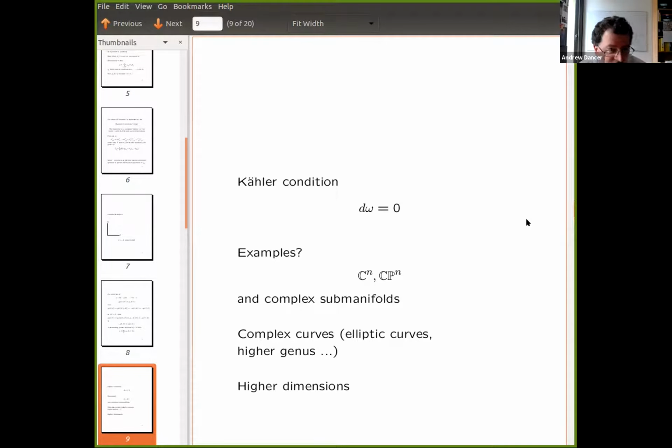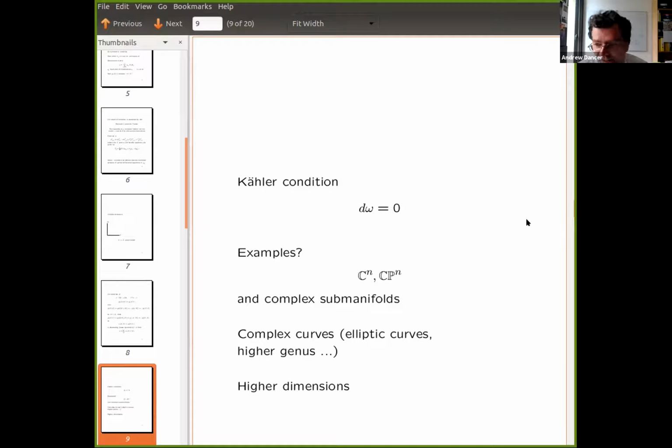Some of the most basic examples, like Cn, just flat complex space, or in some ways more interestingly, CPn, the complex projective space, have Kahler metrics, and therefore any complex submanifold of them also has a Kahler metric.